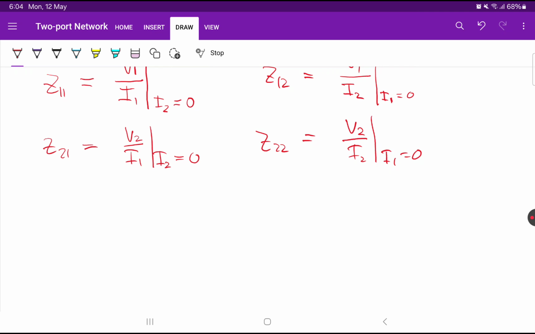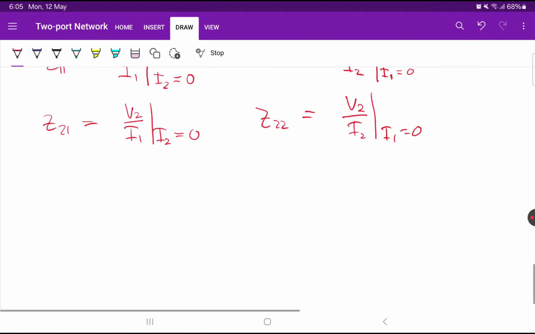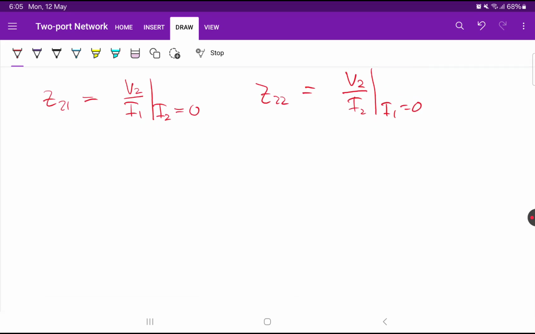Before we illustrate that, there are two types of two-port networks. The first one we call symmetrical. These are characteristics of a two-port network.